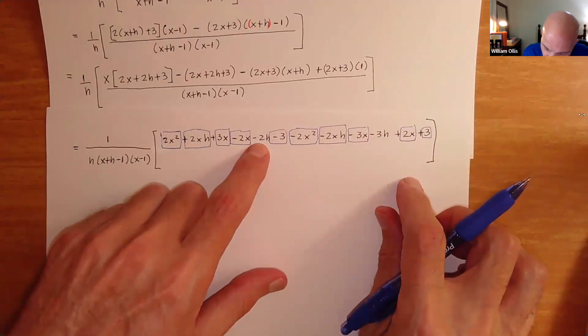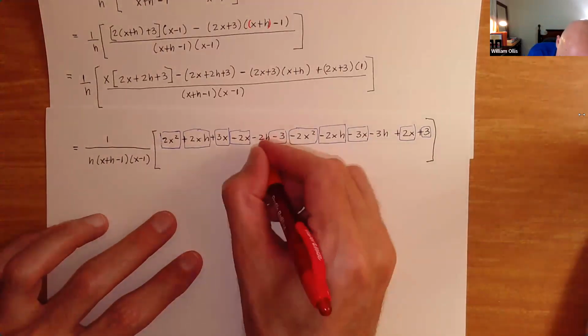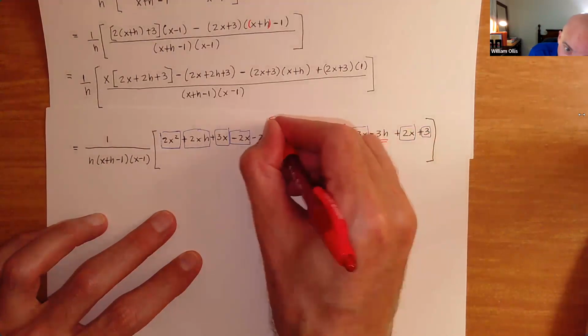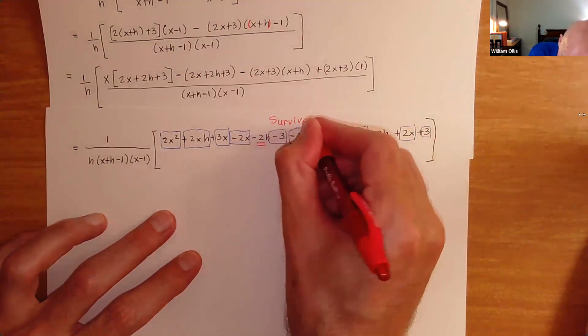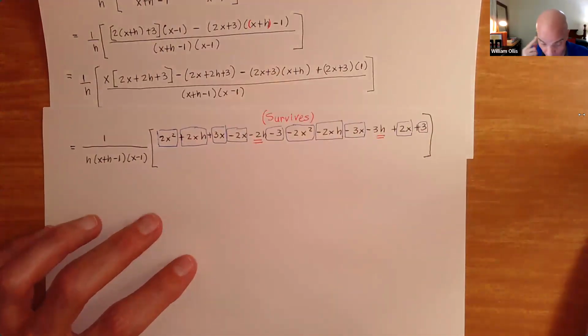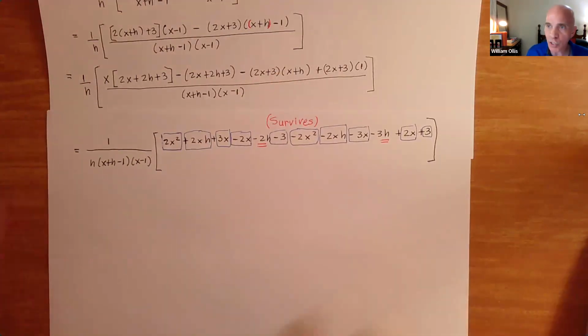We have a minus 2h and a minus 3h. So I'll put just like kind of red under those that they survive. So we'll just say survives. I always like to do this, especially when I do telescoping sums in calculus 2. We always want to know what term survives so you can check your work.